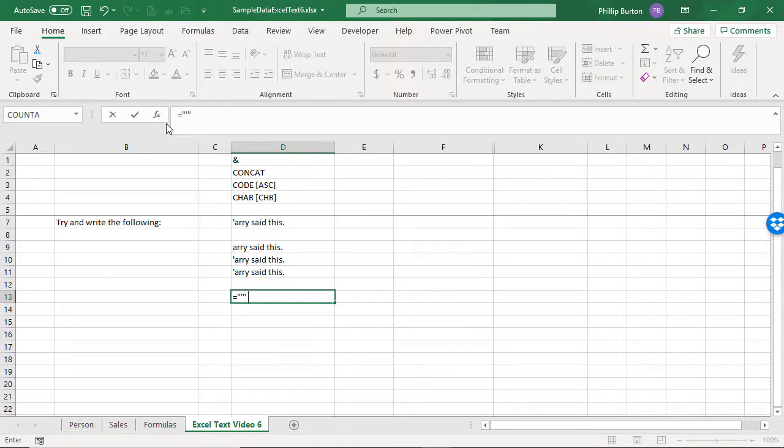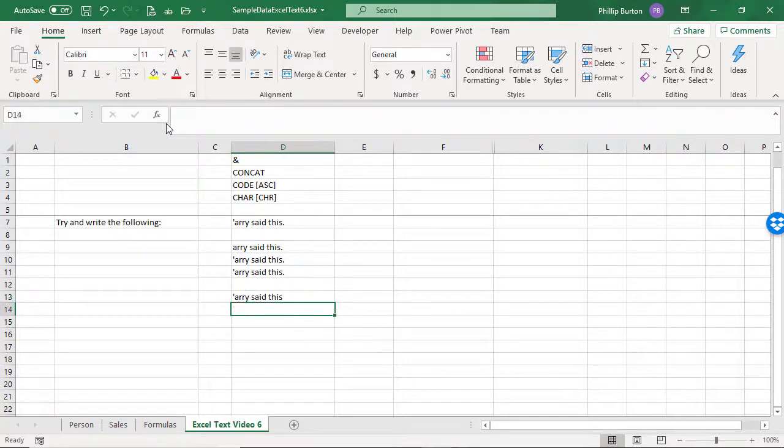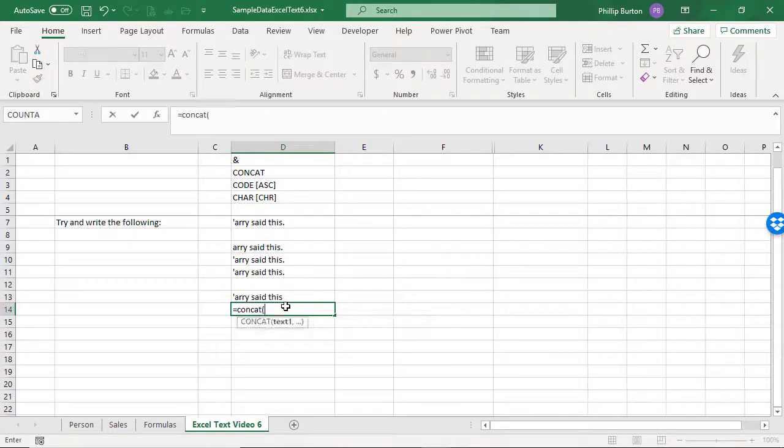It looks very confusing, but hopefully you can see it is speech, apostrophe, speech. And then an ampersand, and Arry said this. Or you can use the CONCAT formula that we had a look at earlier. So there's your quotation, your single speech mark with in the middle of it an apostrophe, and then Arry said.